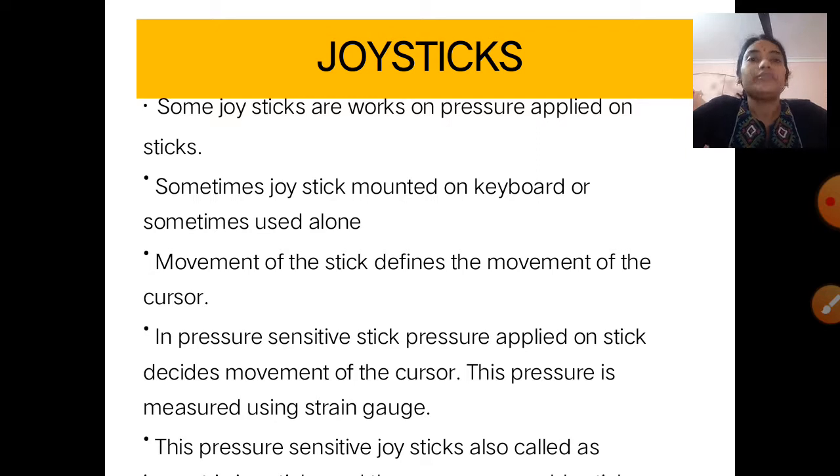In a pressure-sensitive stick, the pressure applied on the stick decides the movement of the cursor. The pressure is measured using a strain gauge. The pressure-sensitive joystick is also called an isometric joystick, and it is a non-movable stick.